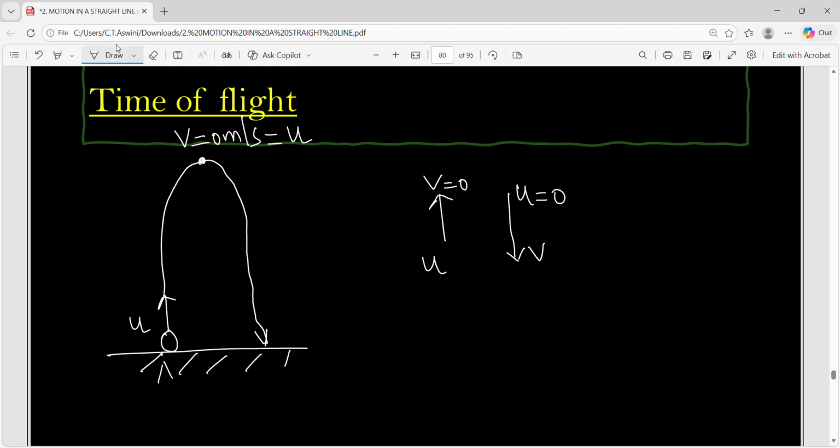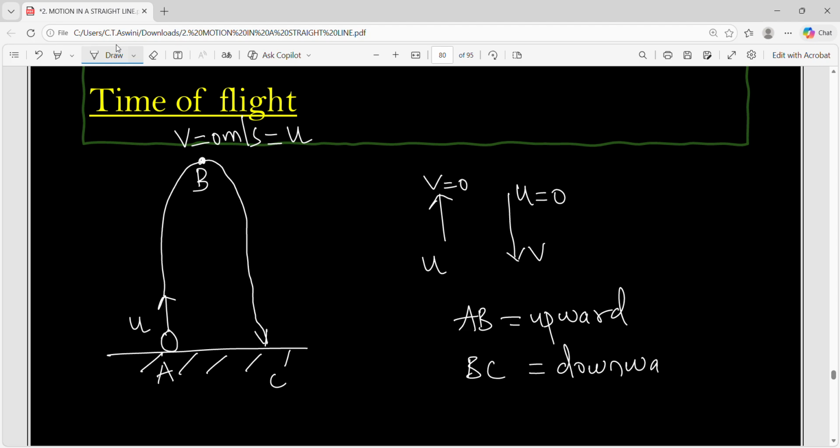So let me denote the points as A point, B point, C point. So AB is its upward journey and BC is its downward journey.